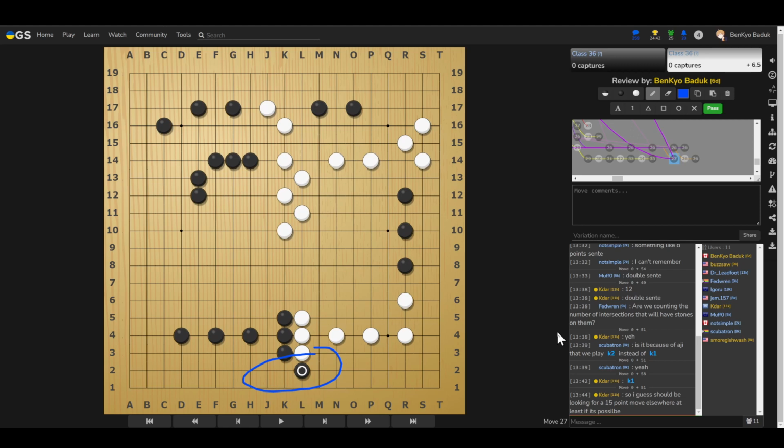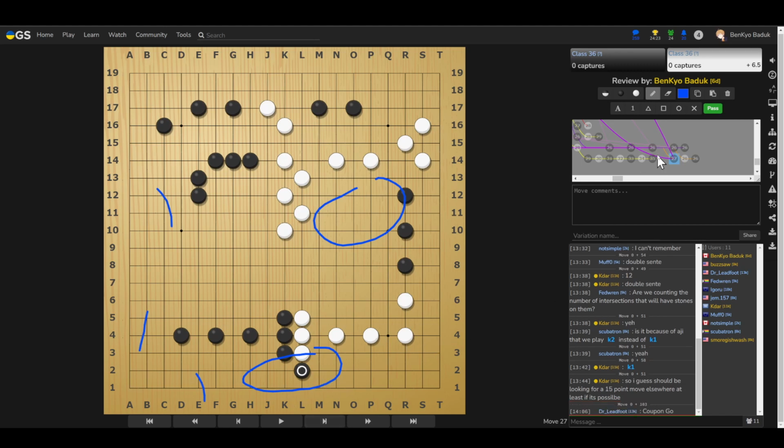Those points aren't on the board, but they're kind of like extra komi. So that's kind of what this is. You could play some sort of move somewhere, or you can take the thing that you know. And so that frame of reference is super useful.